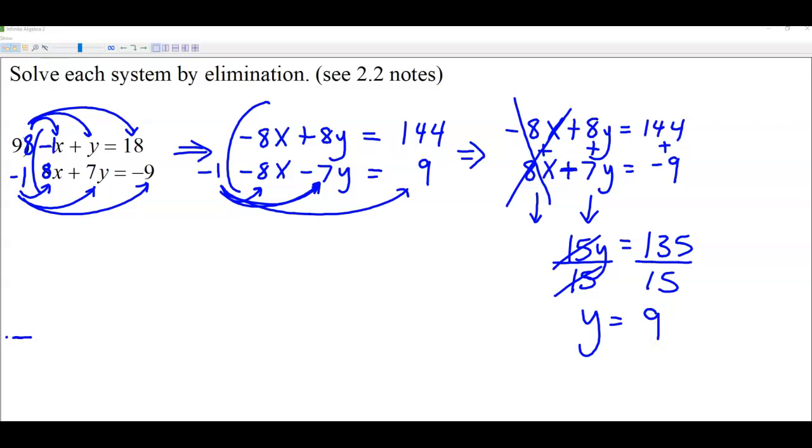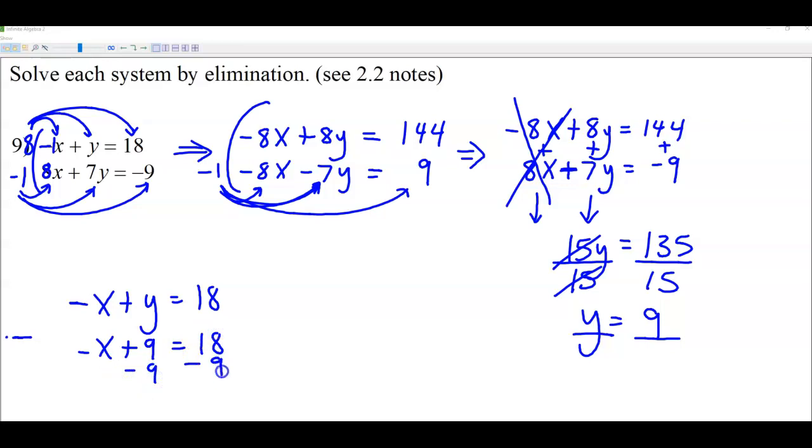The last thing you're going to do is, once again, just like the substitution method, pick one of your equations. I'll go with the top one. And you're going to replace the variable that you solved for with the value that it's equal to. So I'm going to replace y with 9, and then I'm going to solve for x.